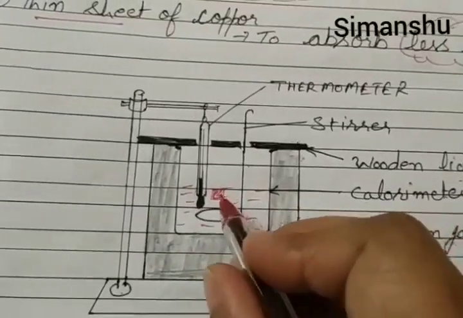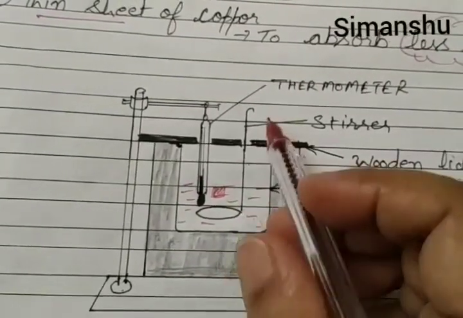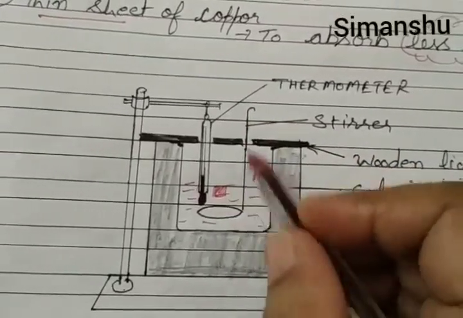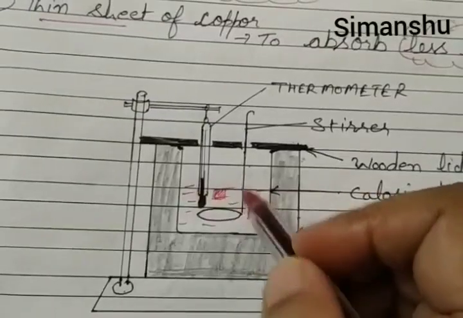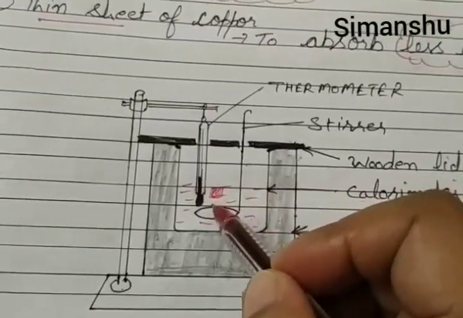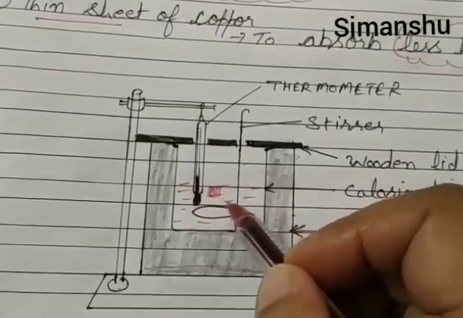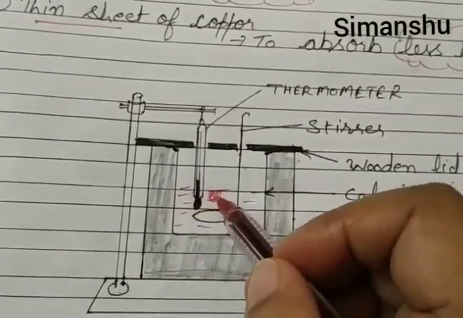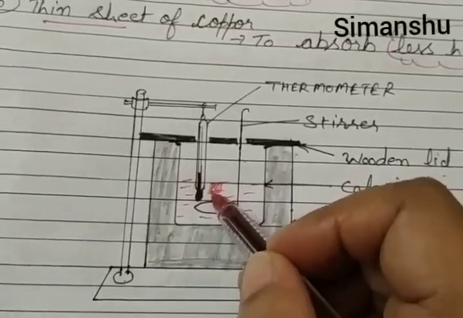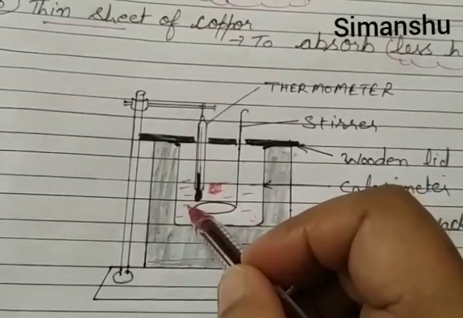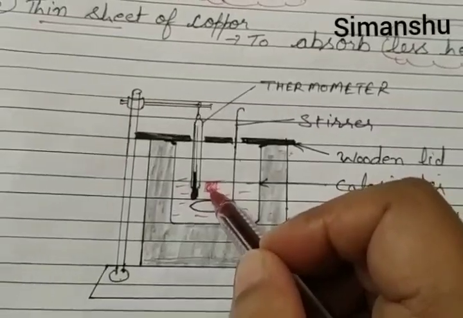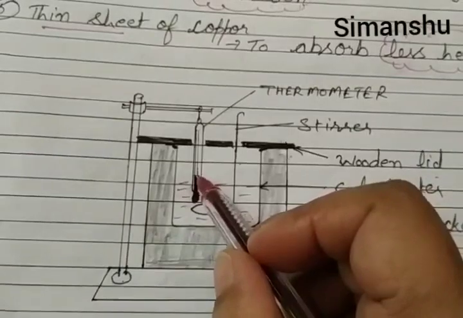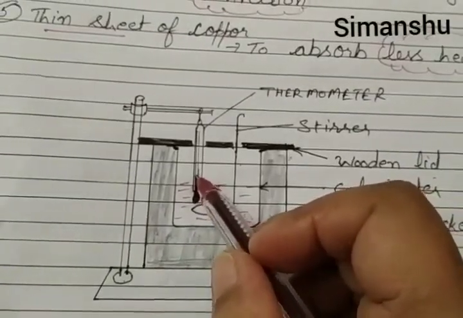The temperature of both initially will be different, but when you stir the calorimeter, there will be a change in temperature. Why? Because we are going to mix the water well, and there will be transfer of heat from the hot body to the colder one. If this solid is hot, it will transfer its heat energy to the liquid, or if the liquid is hot, then this solid is going to absorb it. And finally we will attain a constant temperature, which we can see from the thermometer.